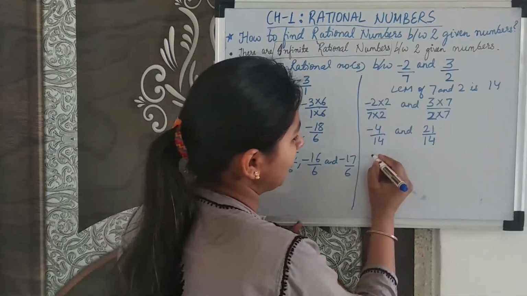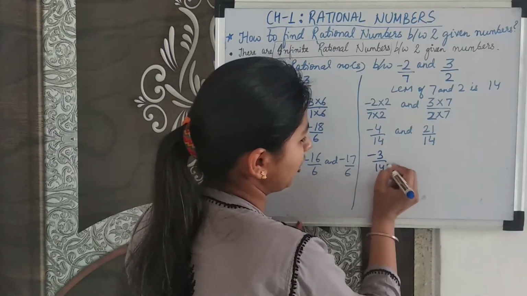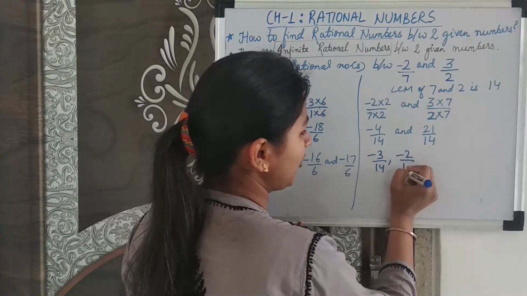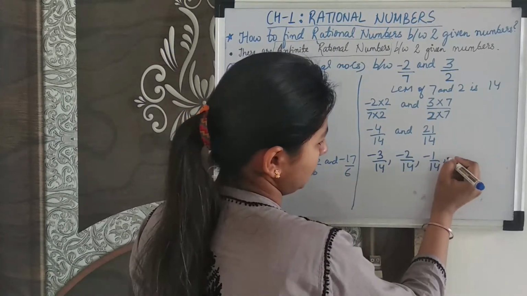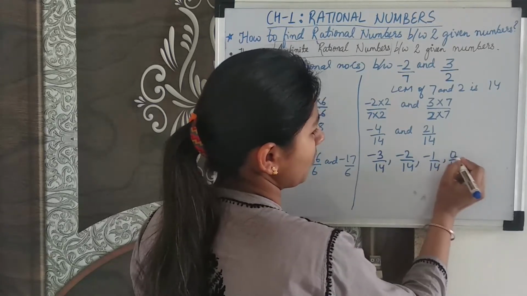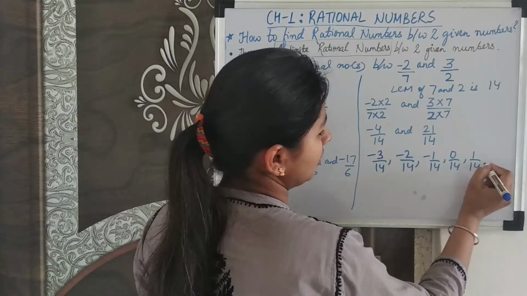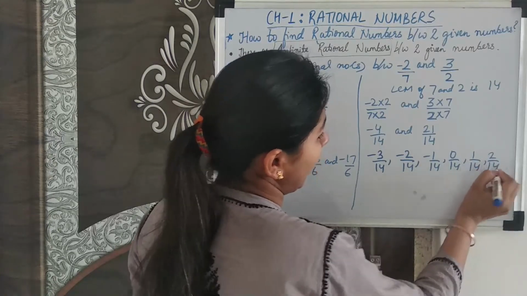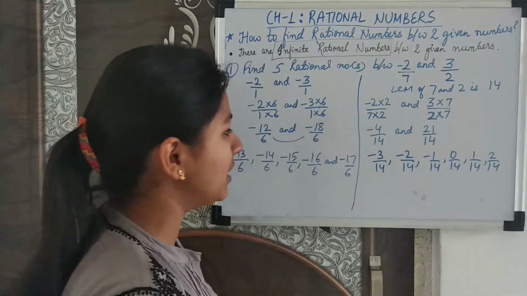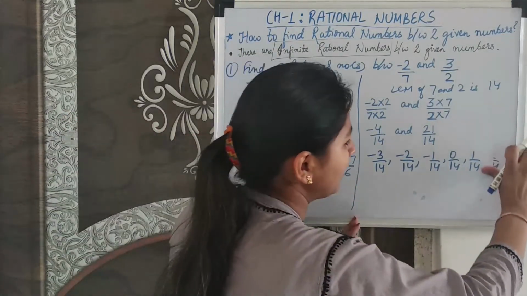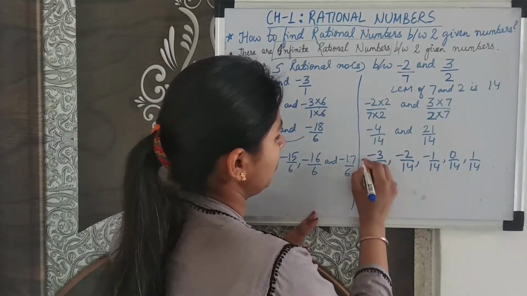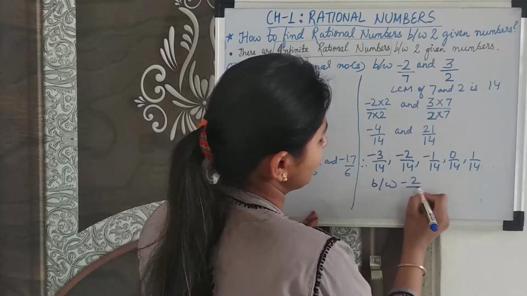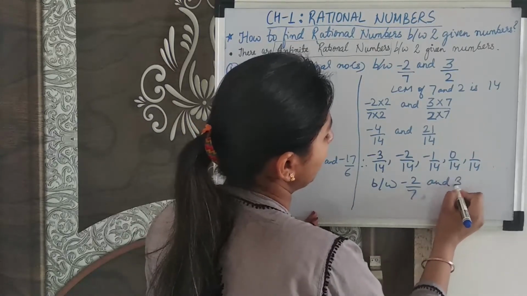So directly I am finding 5 rational numbers: minus 3 by 14, minus 2 by 14, minus 1 by 14, 0 by 14, 1 by 14 and 2 by 14 also. I am finding many more rational numbers, but I will write only 5 rational numbers between minus 2 by 7 and 3 by 2.